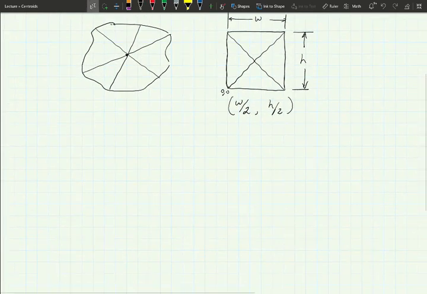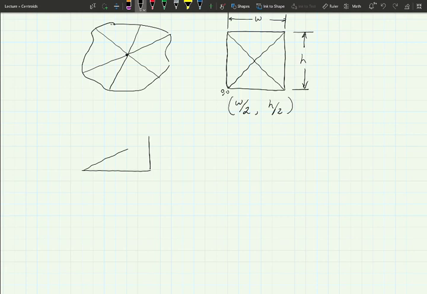Now let's try something a little bit different. We have a triangle, and we want to find the centroid of a triangle. It's going to be one-third the base and it would be one-third the height.